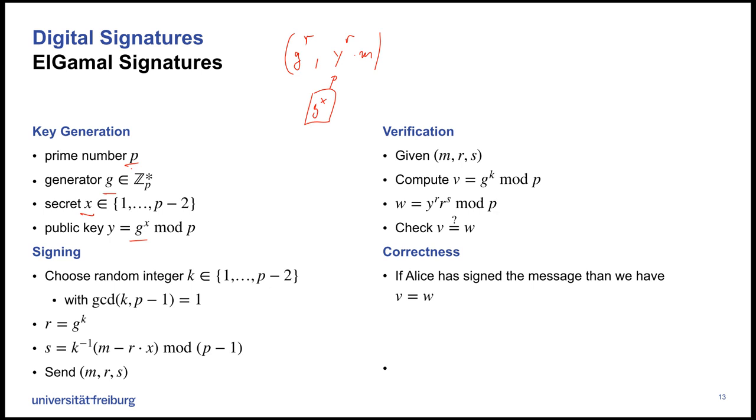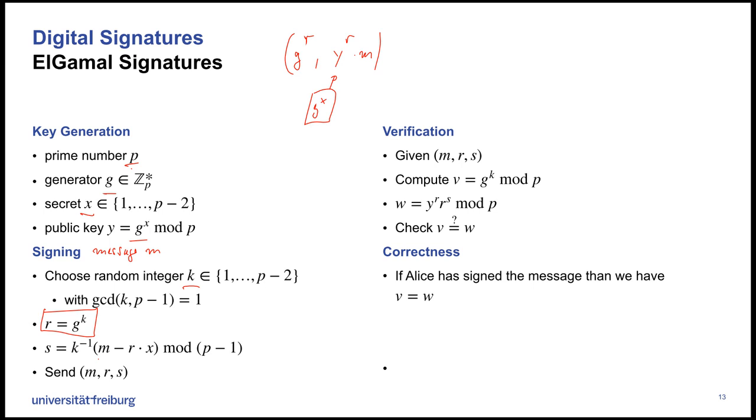So first you take a random number again, and you compute g to the k. I just took the naming convention from the book of Delfs and Knebel. So we have some randomization automatically built in. We compute r, and then we sign a message, which is m.